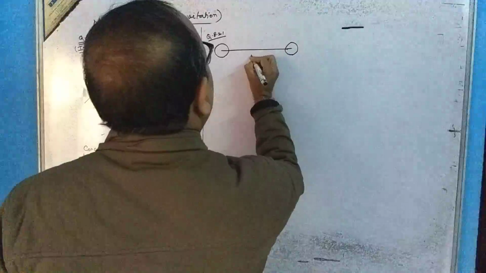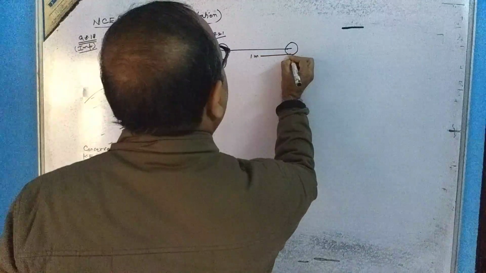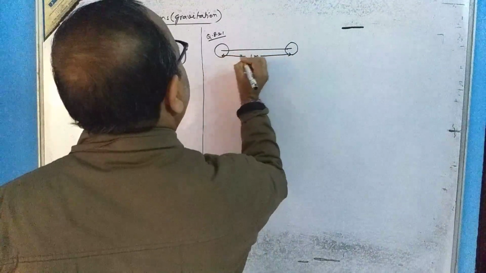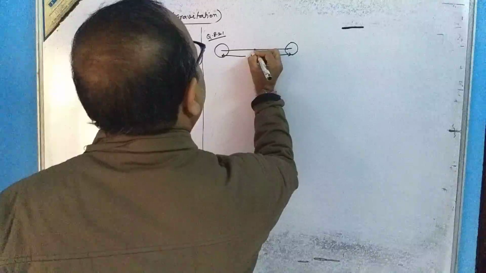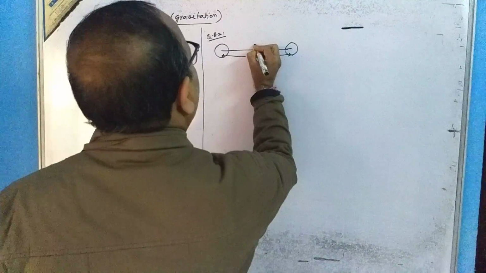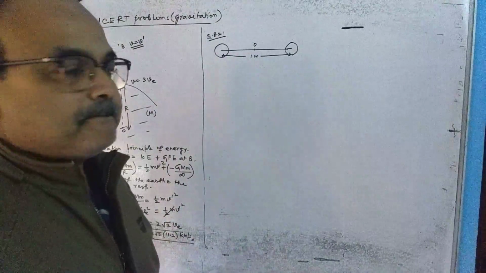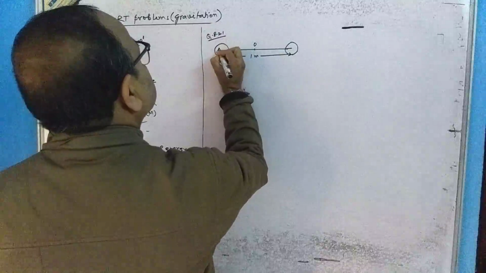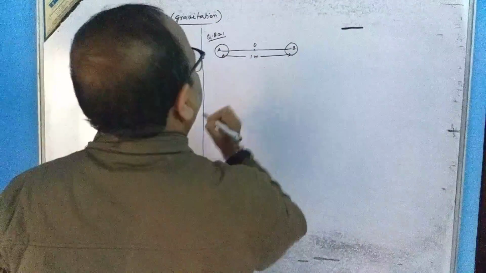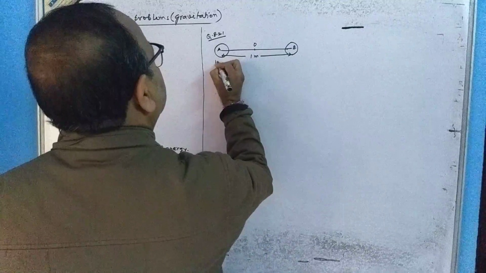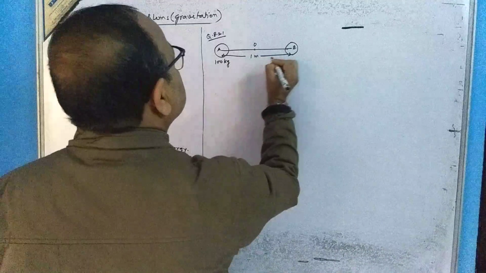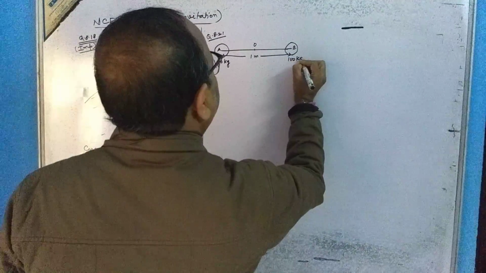Look, 1 meter is the whole distance. Here is the point O. This is the center A, this is the center B. And this is also 100 kg, this is also 100 kg.